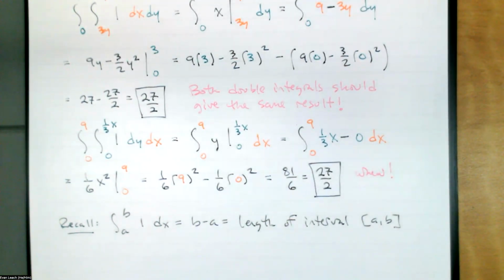So the integral from A to B of the function 1 dx will be b minus a. That is the length of the interval from A to B. It's length times width, but length is always 1, so the number that comes out is just the width.